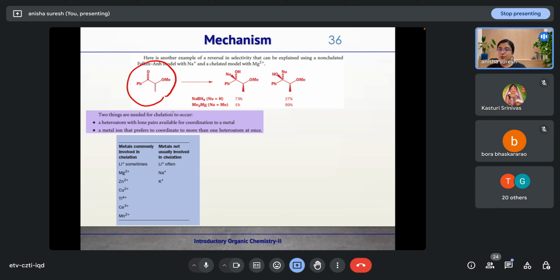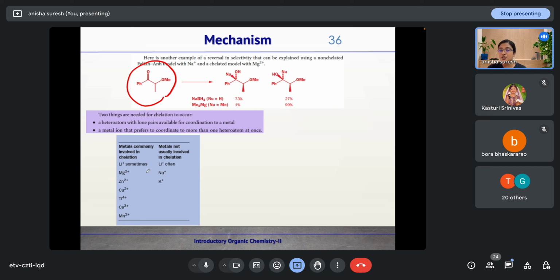For chelation to occur, we should consider two factors. That is a heteroatom with lone pairs available for coordination to a metal. So this is heteroatom, oxygen and O-methyl. Both are heteroatoms that can coordinate with the metal, and a metal ion that prefers to coordinate to more than one heteroatom at once. In case of sodium, potassium, etc., it cannot coordinate with more than one heteroatom.